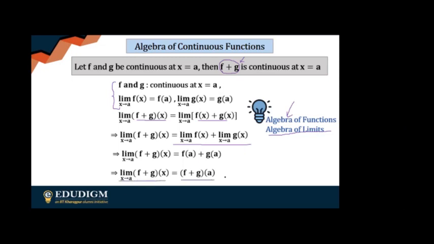As you see, this is very, very simple when it comes to the proof, just some basic definitions, but you understand how all these things are interrelated, and how we can use the algebra of functions or limits to build on the base of algebra of continuous functions. All right. Still, if you have any problems, feel free to let me know in the chat box.